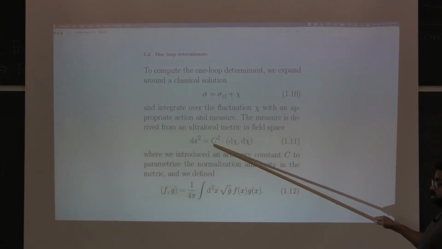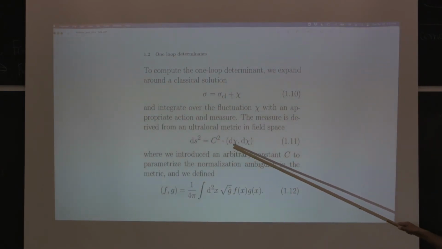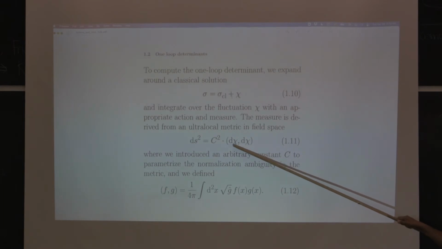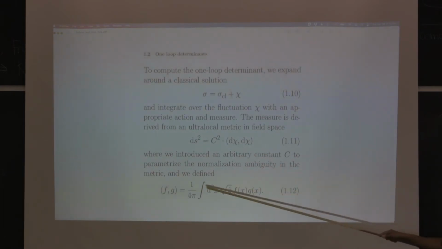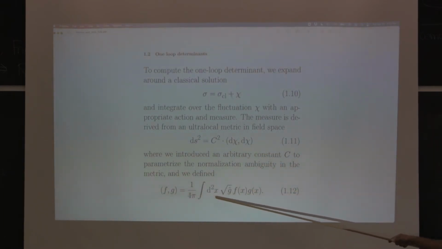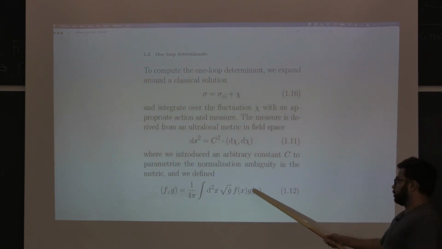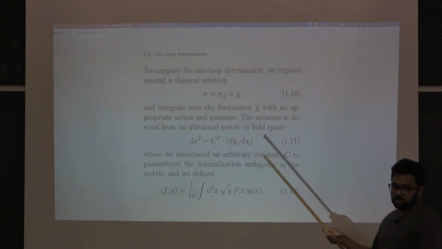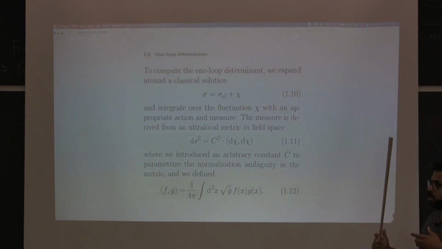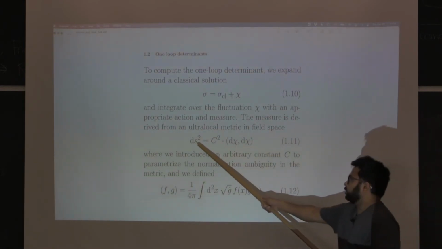There's this constant c times the inner product between changes in the field. This inner product is just the standard integral over the sphere. You take a field and two different deformations, f and g, phi plus epsilon f and phi plus epsilon g, and this is the inner product. This is a metric on field space, and the path integral measure is the square root of g of this metric.